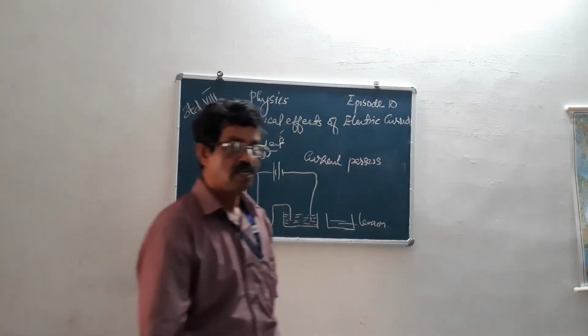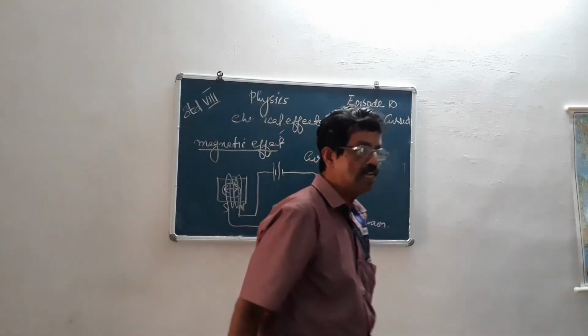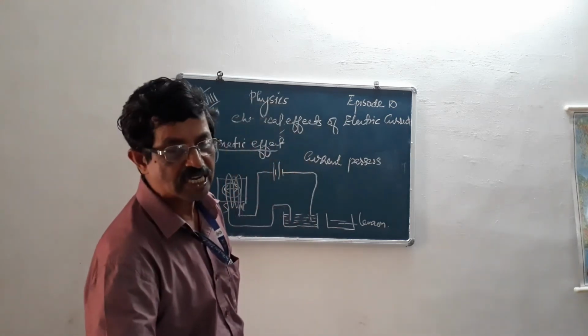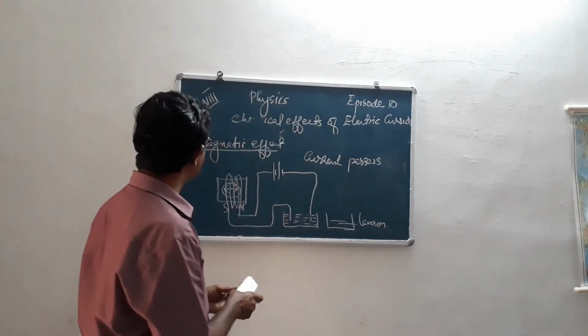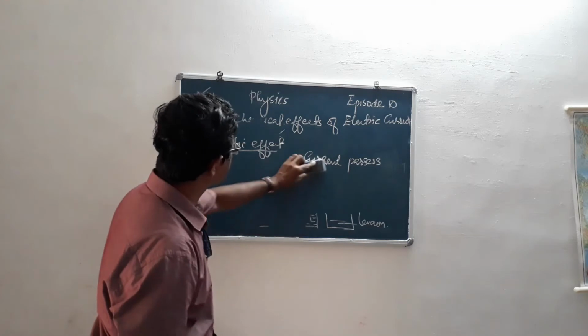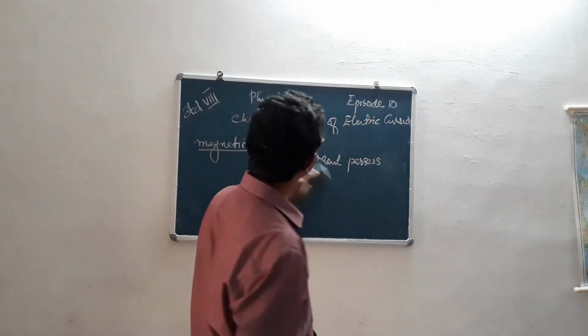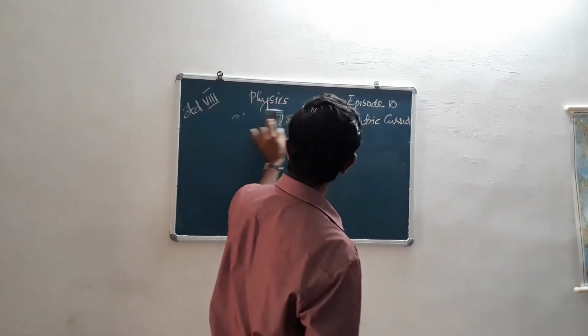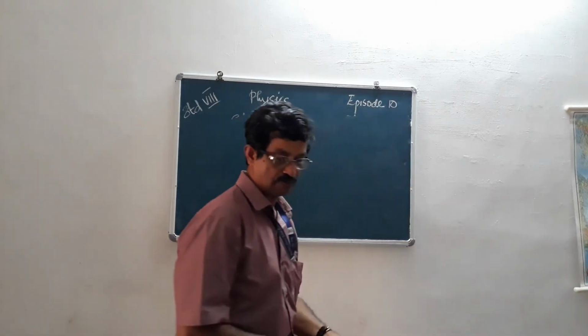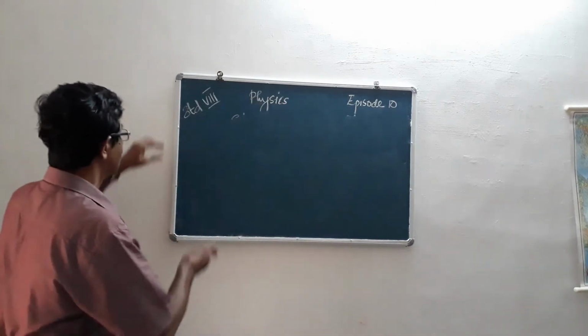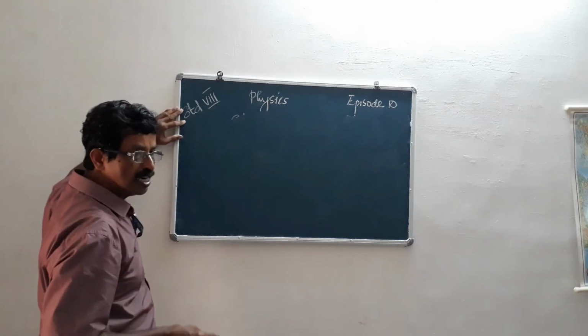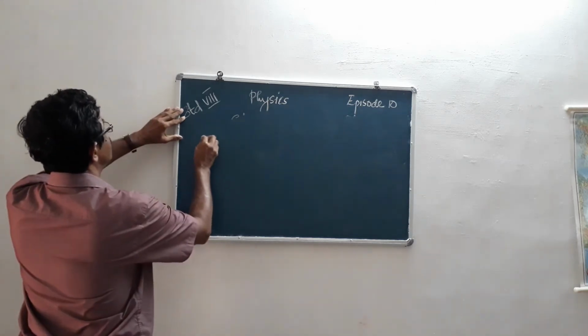So some of the liquids are good conductors and some others are bad conductors. Examples of good conductors, liquids which have good conductivity: which are they?